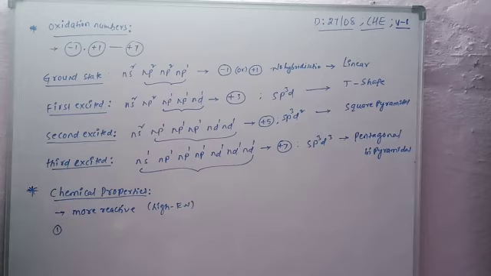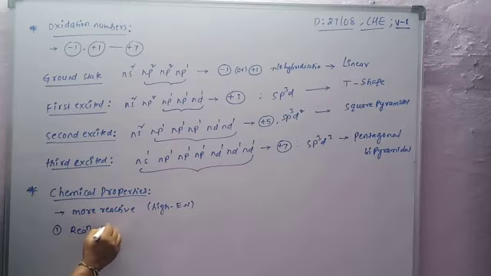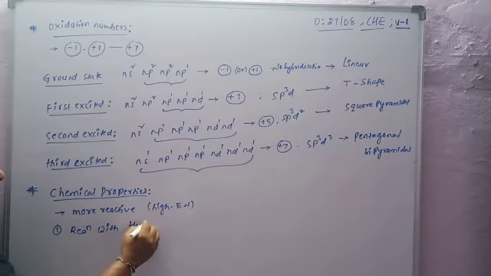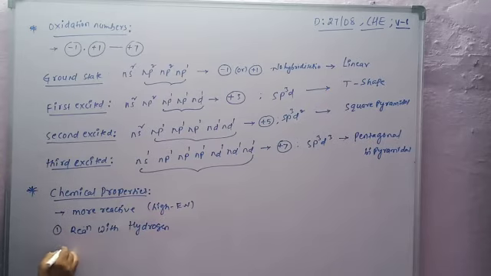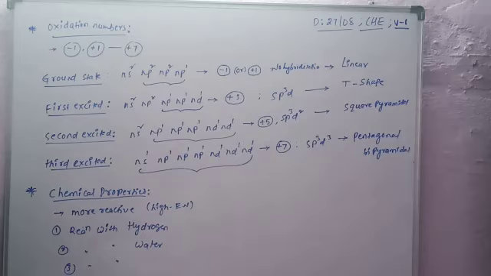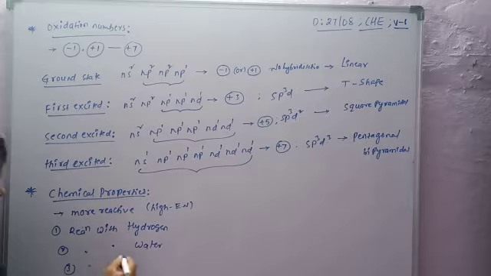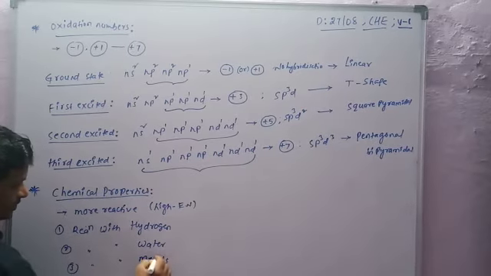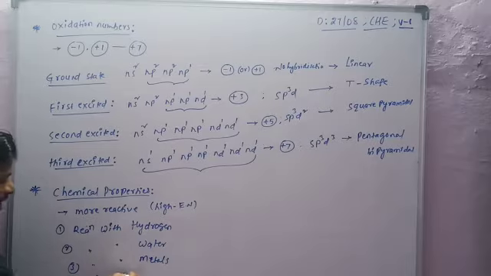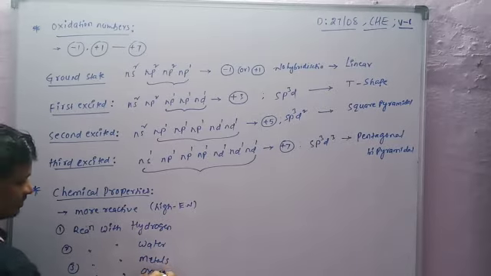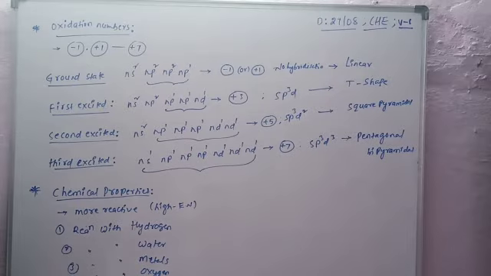Halogens react mainly with hydrogen. So the chemical properties are: first, reaction with hydrogen; second, reaction with water; third, reaction with metals; fourth, reaction with oxygen; and fifth, reaction with halogens, giving interhalogen compounds.